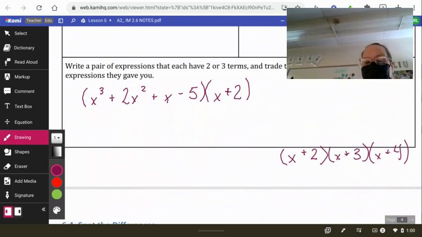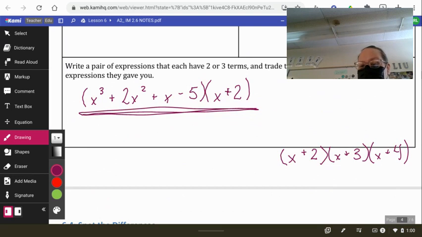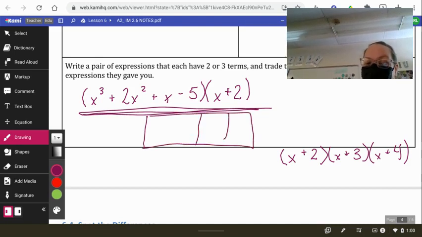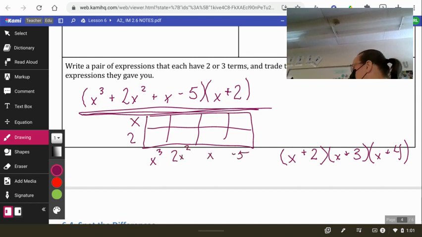What happens if you look at these 2 problems? This first one, how would I multiply these 2 things together? What's the same, or what's different from the other ones you just did? Yeah, we would make a square of a 4x2, right? Or distribute, just make sure everything is distributed into everything else, right? So this one, maybe we would have a box that just looked bigger, but would have the same setup, an x and a 2, x cubed, 2x squared, x minus 5, the same mechanics that you just did.